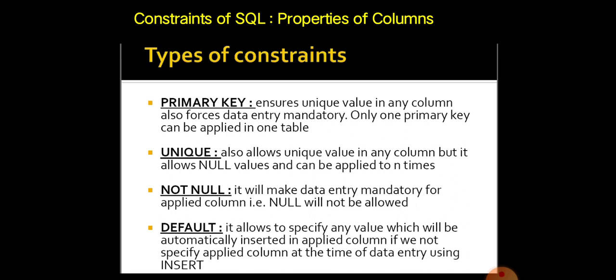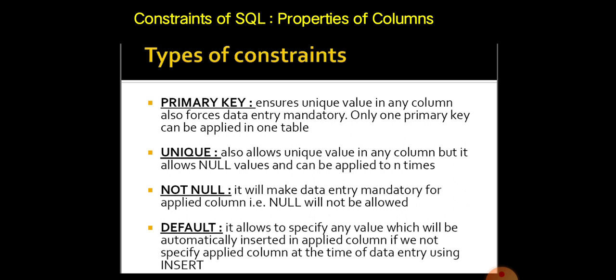My dear children, normally primary keys are used for the columns which are used for identification of a particular record. For example, the student admission number, student's roll number, student's register number, like that, employee number, product ID, location code, and we can give department code.